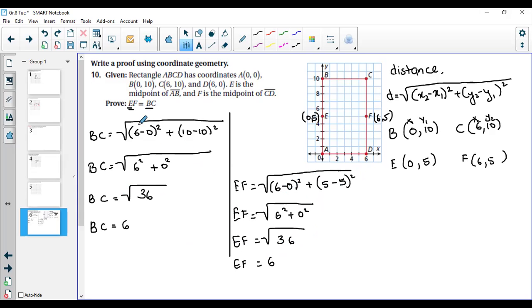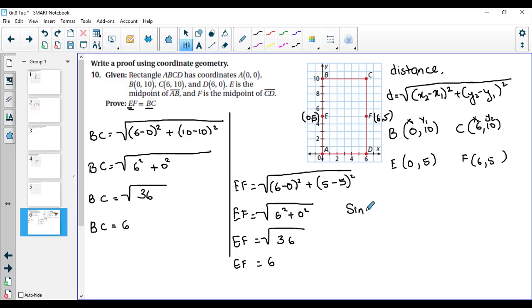Now, they want us to prove that EF is equal to BC. Is EF equal to BC? Yes. So how do we write the final statement now? You can start with because 6 is equal to 6, or you can start with anything; it's a proof, so you can use your own words. It doesn't need to be exactly the same words as in the book or the ones I am using.